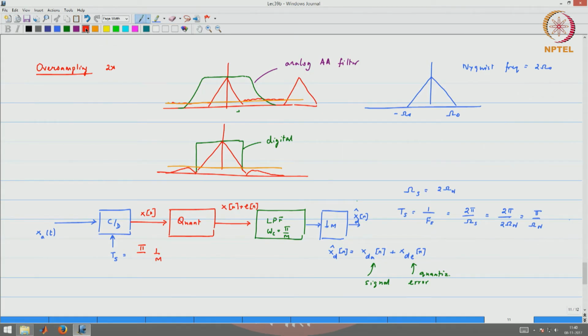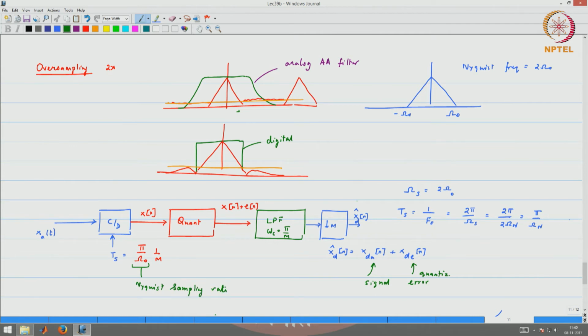Whatever is the highest frequency component, so let us change it everywhere. So, this would have to be 2 times omega naught for the Nyquist rate. Okay, let us not introduce omega n if we have not introduced it before, and so this would be pi over omega naught times 1 over M. So pi over omega naught would represent the Nyquist sampling period. Okay, so this is the Nyquist sampling rate.